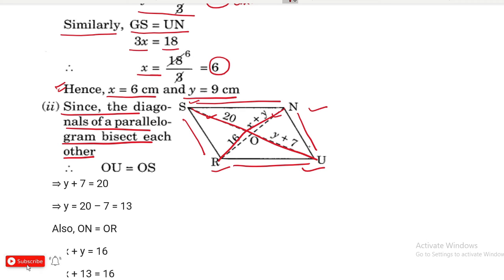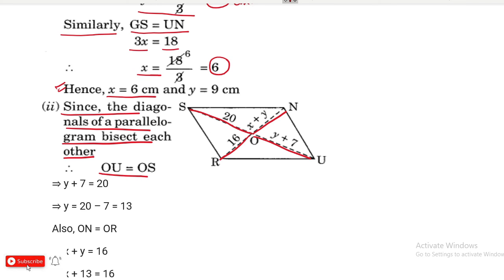Okay, when it bisects, the length of ON is equal to the length of OR, or the length of OS is equal to the length of OU. Then we can write here OS is equal to OU.